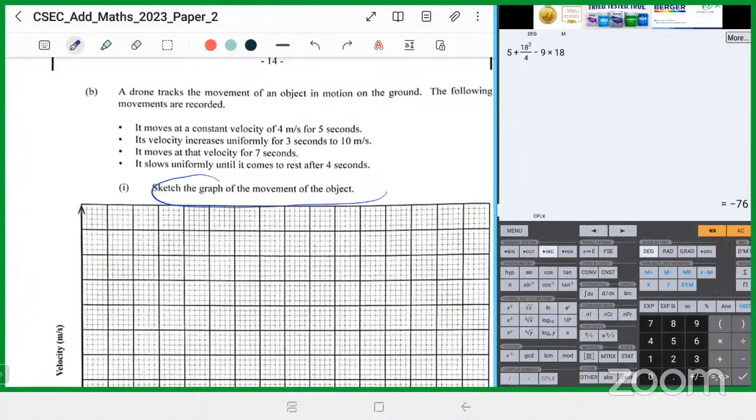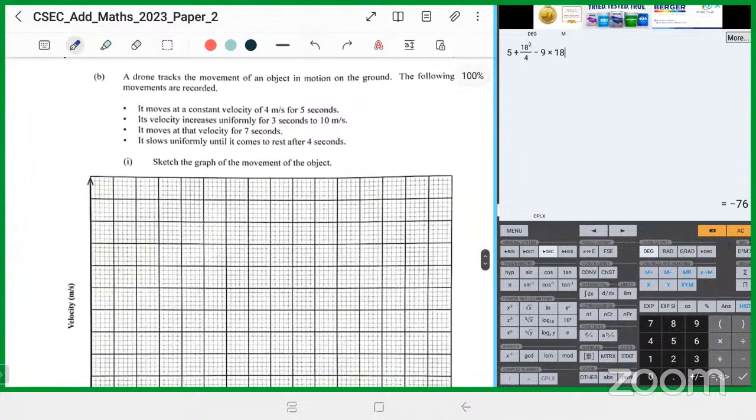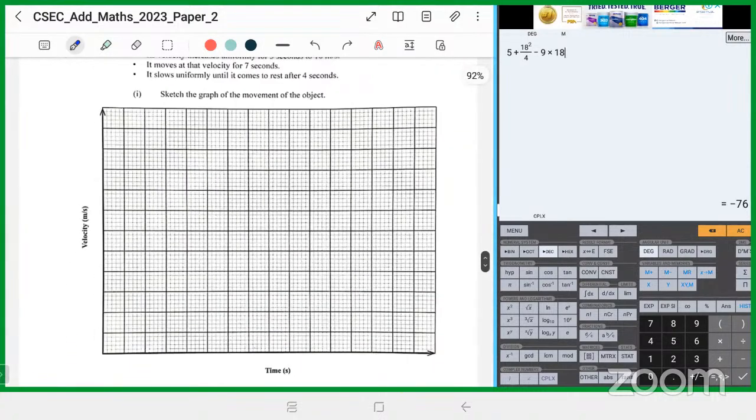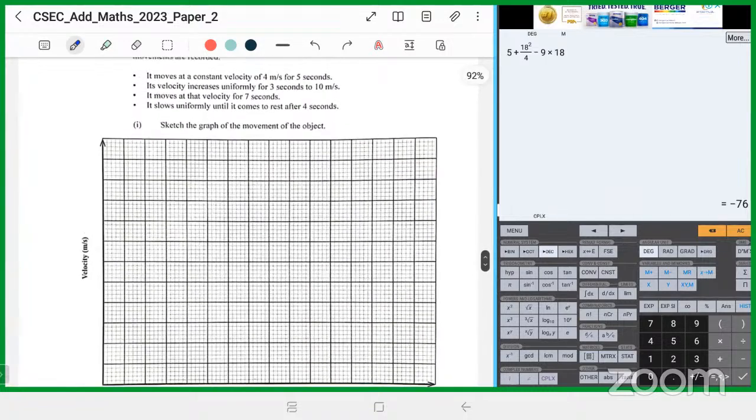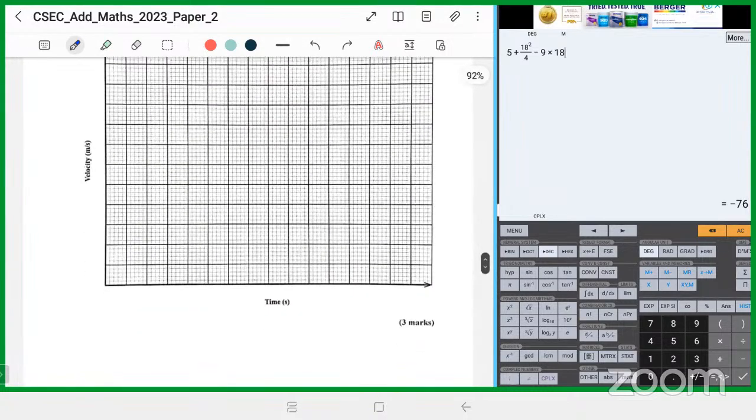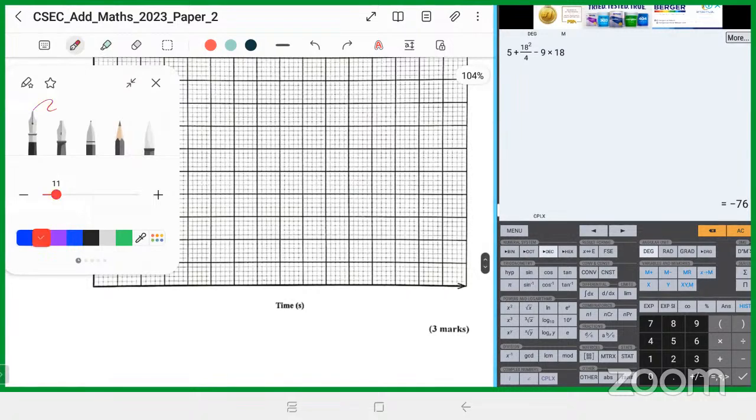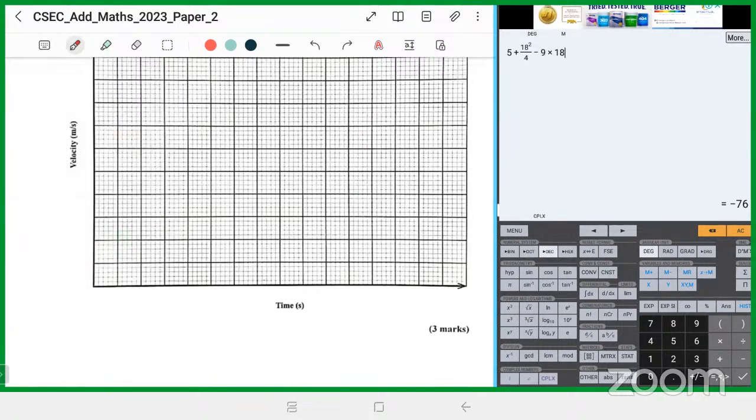It says sketch a graph of the movement of the object. Okay, so let's transfer this information onto this graph. Firstly, there's no scale, so I'm going to have to scale it up. Let's just use 1 centimeter, 1 unit. Keep it simple. So it's going to be 2, 4, 6, 8, 10, 12, 14, time in seconds.